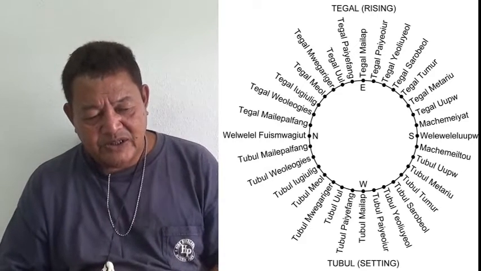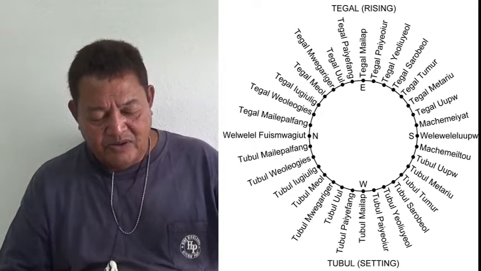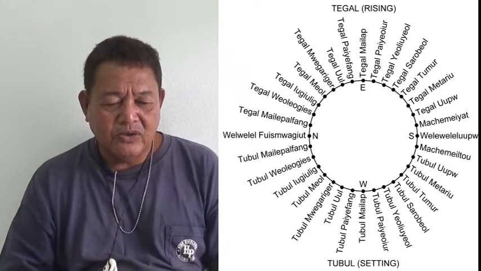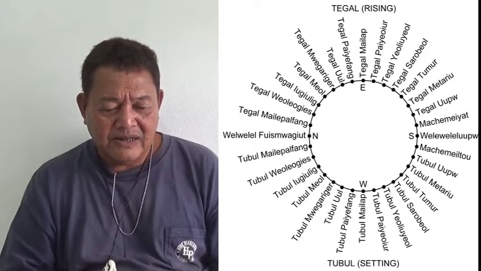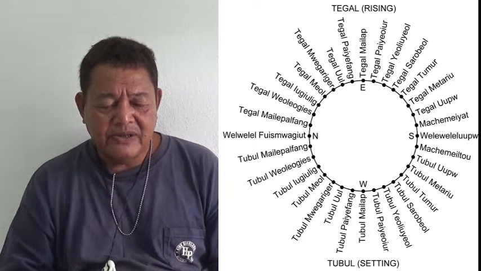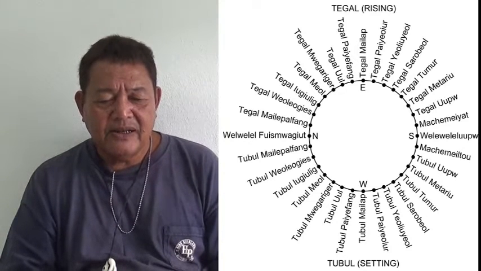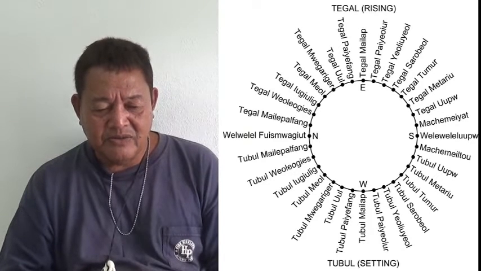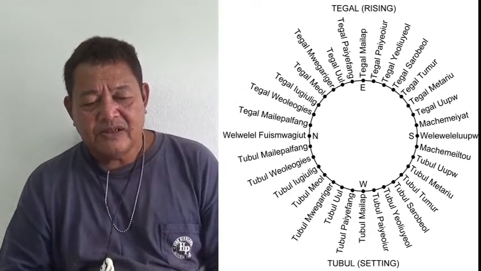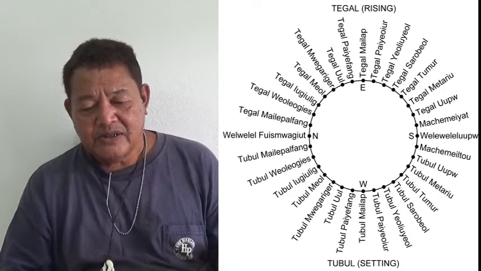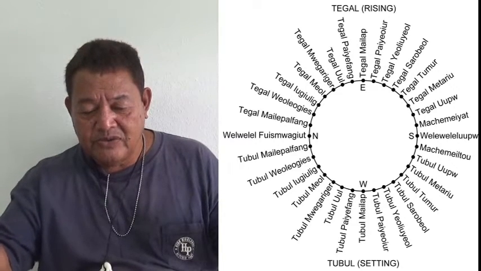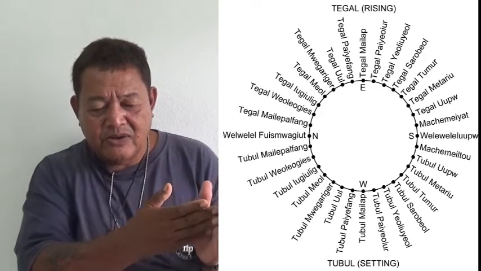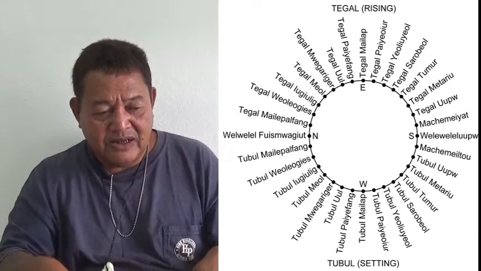And then from west all the way up north, you say Paifang, Ur, Margar, Mer, Ibrik, Wada, Tubur Man Perfan, and Fisumal. So now you reach north. All from the south up to the north are the settings of the stars.